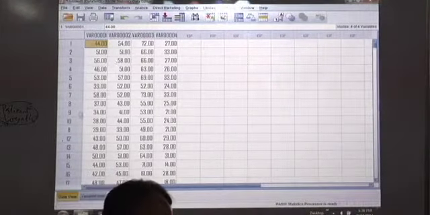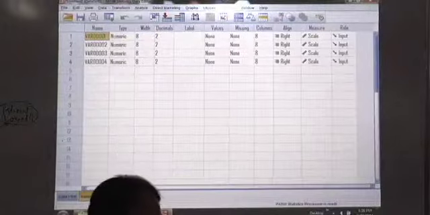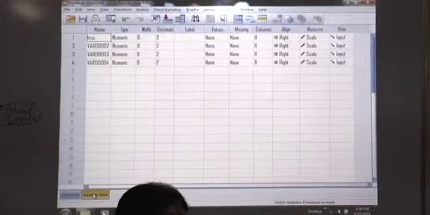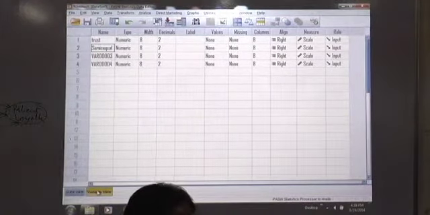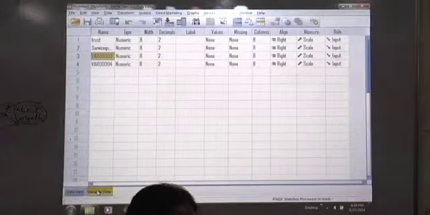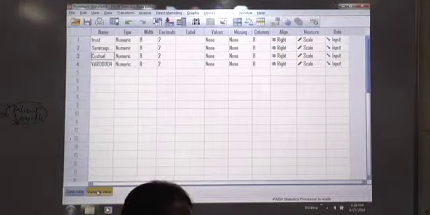First variable is trust. Second variable is service quality. And don't leave any gaps. Third is customer satisfaction, Cust SAT. And last one, loyalty.